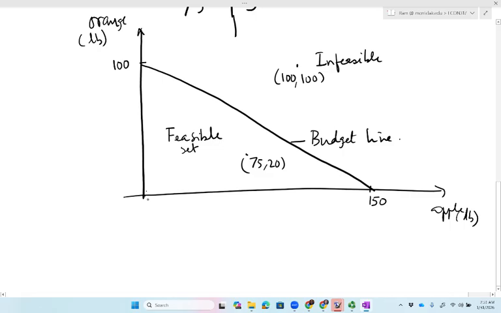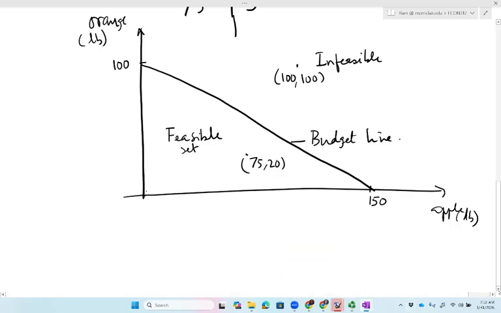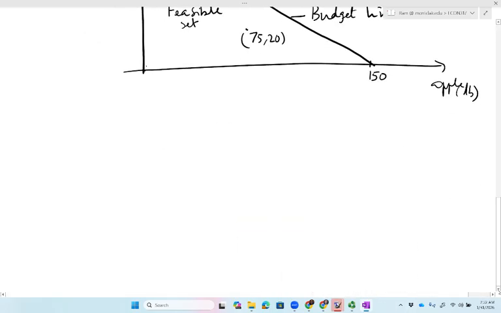Lastly, I will describe the budget set and the budget line using a mathematical formula. So now let's write down the budget line as a mathematical expression.